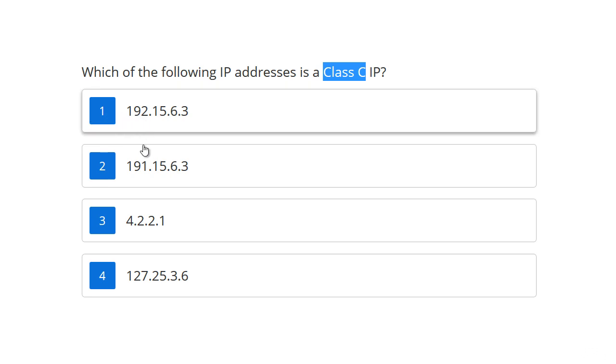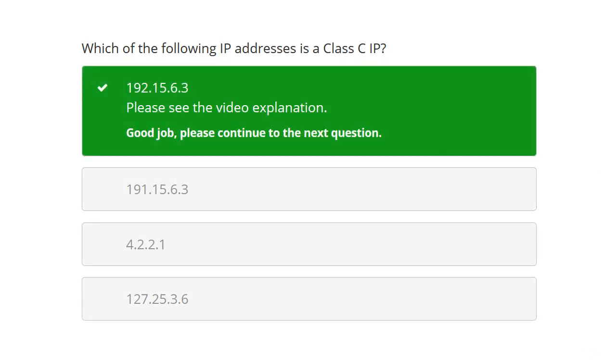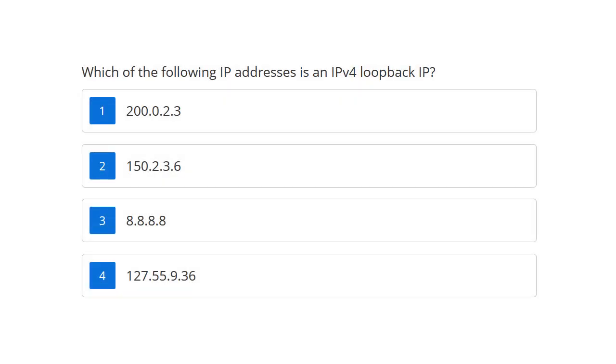The others are incorrect, so the answer here is number 1. Which of the following IP addresses is an IPv4 loopback IP? IPv4 loopback IPs start off with 127. So that is number 4.